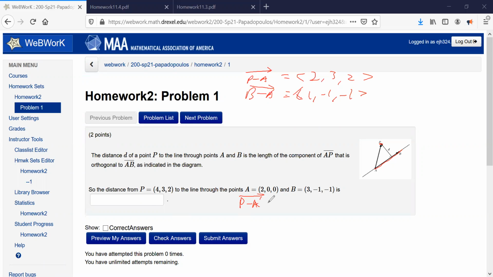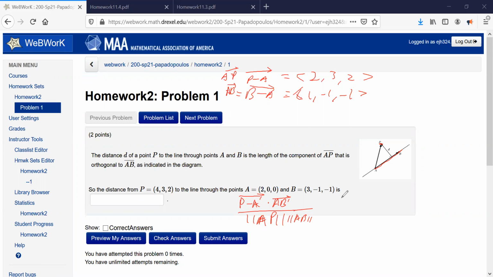AP dot AB over the norm of both of them. I'm just going to call this vector AP and this guy AB. So you're saying this? Well, I need to spit out a vector. So what else?